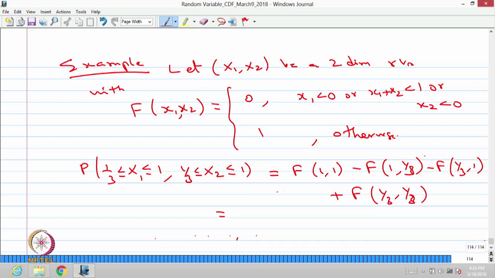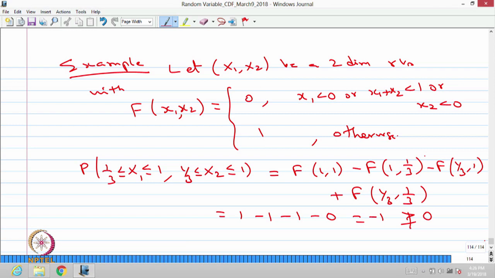If you substitute the values, f of 1 comma 1 is 1, f of 1 comma 1/3 is again 1, f of 1/3 comma 1 is again 1, f of 1/3 comma 1/3 is 0, and this value is going to be minus 1, which is not greater than or equal to 0.